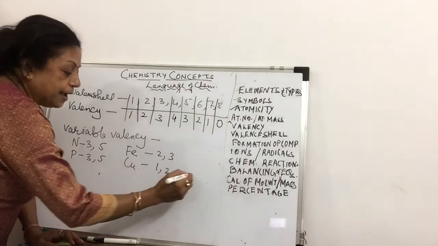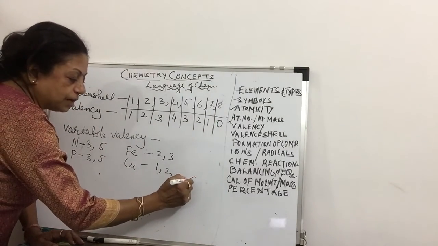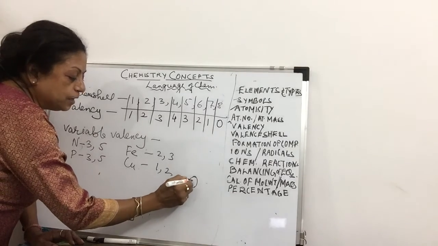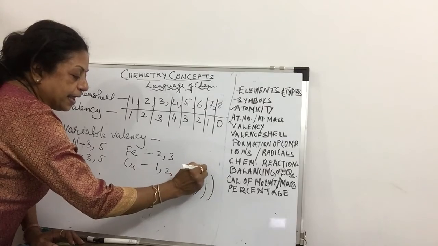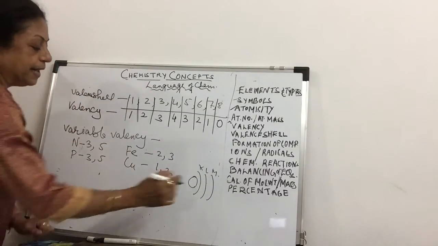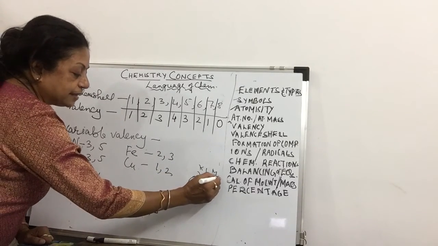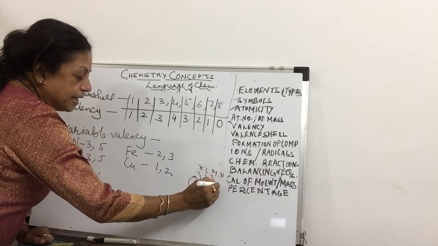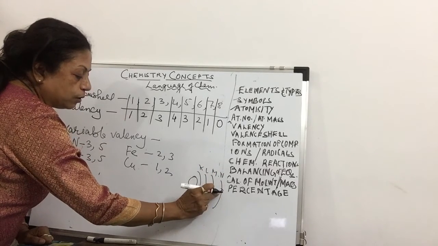Now why does this type of valency exist? Because I showed you the atomic structure of the atom. This is the nucleus and these are the shells, K, L, M. Suppose any element I am taking has the last shell as N, with 2 electrons or 1 electron.